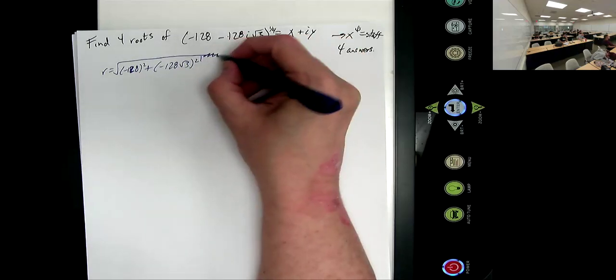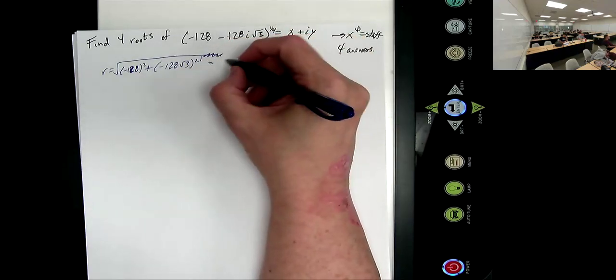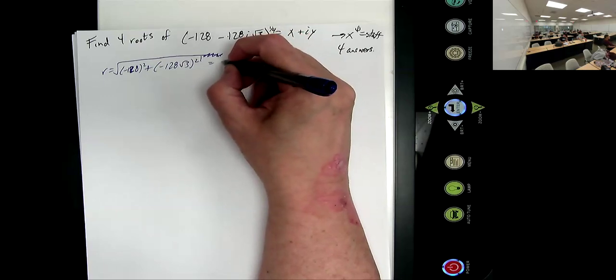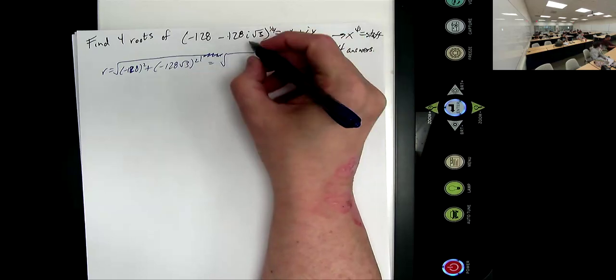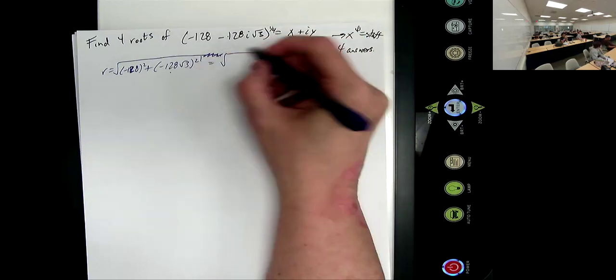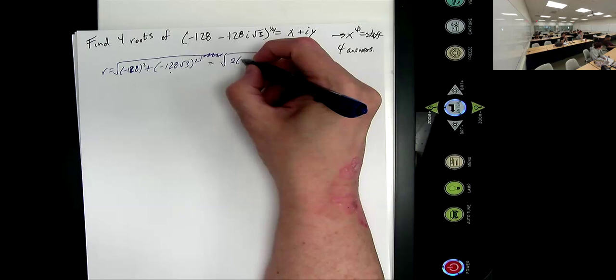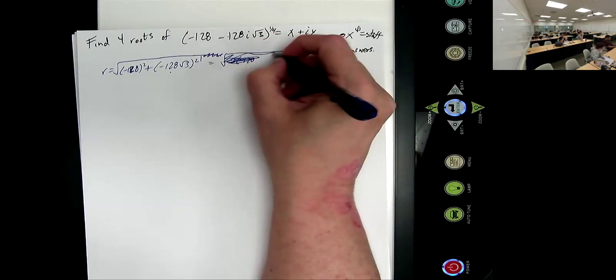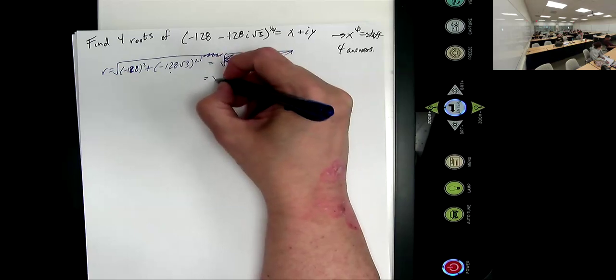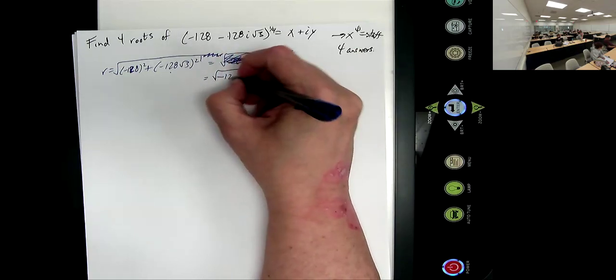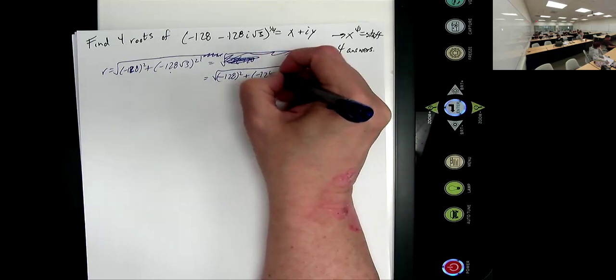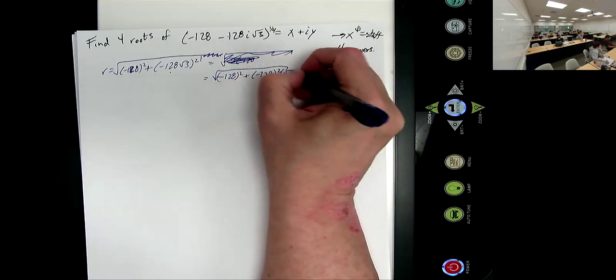I'm gonna write this as the square root of negative 128 squared plus negative 128 squared times root 3 squared.